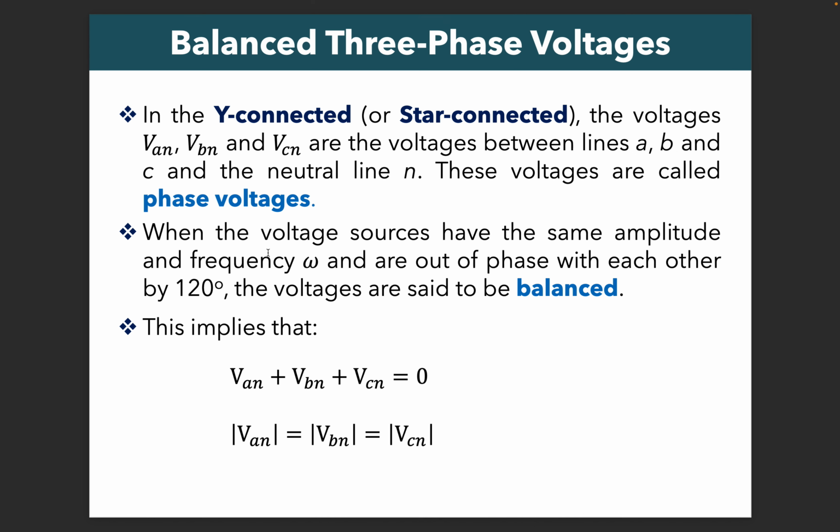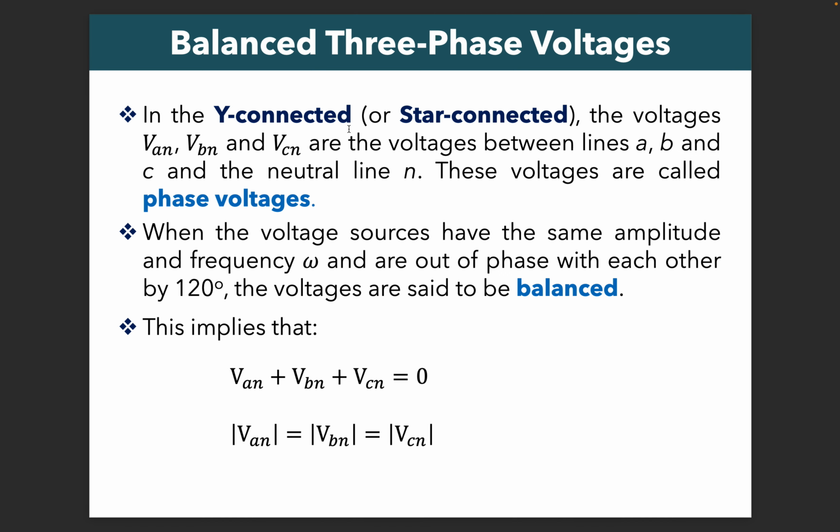So on the balanced three-phase voltages, in the Y-connected, which is sometimes called the star-connected, the phase voltage A to neutral, phase voltage B to neutral, and phase voltage C to neutral are known as the voltages between the lines A, B, and C, and the neutral line N. These voltages are called phase voltages.